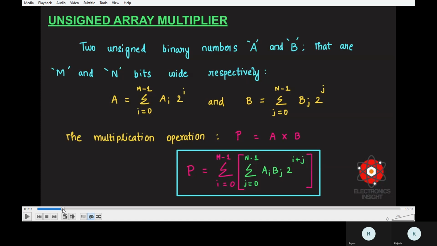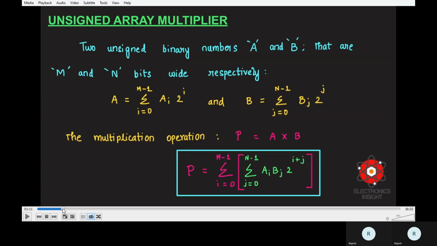So now we will continue with our multiplier. If you multiply in the elementary method, each bit of your multiplier with the multiplicand, you get partial products. These partial products are generated row wise, and the next row is shifted one bit left, and finally they are added by full adders and half adders.